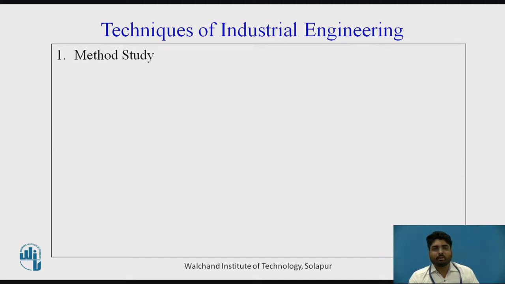The process is often seen as linear, described by its main steps of select, record, examine, develop, install and maintain. We're going to see that in detail in the next videos on method study.